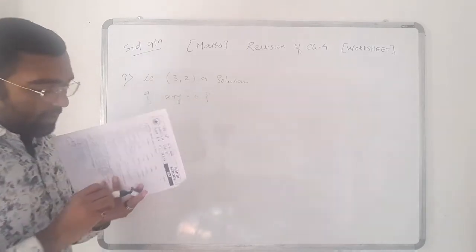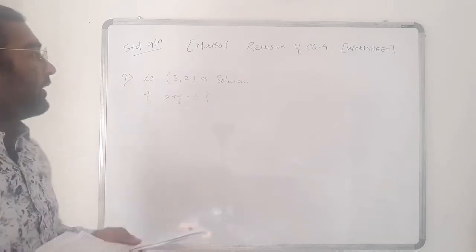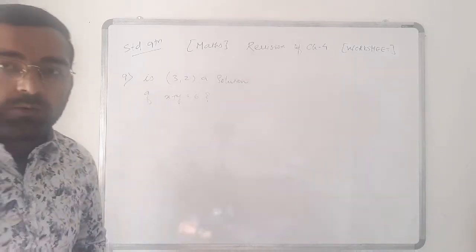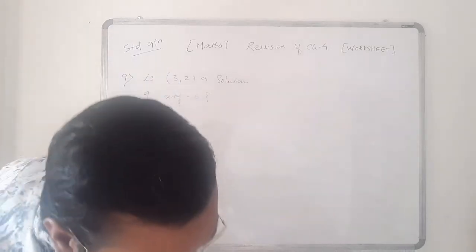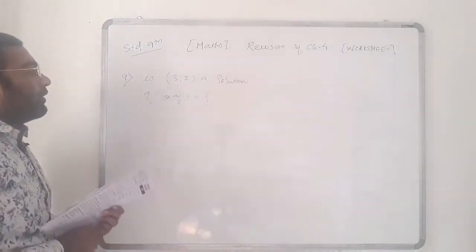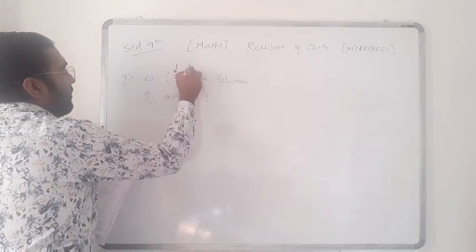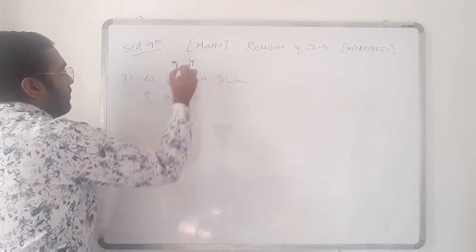Here they ask the question whether 3 comma 2 is a solution of x plus y equal to 6. So in this case we should take the value of x as 3 and the value of y as 2.